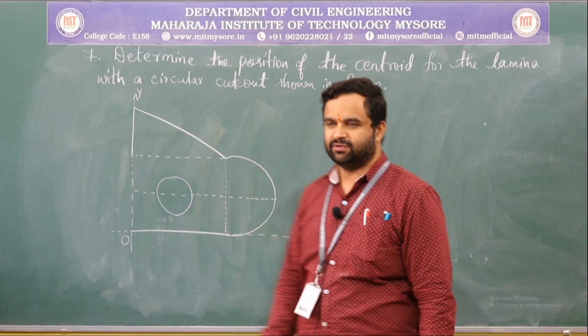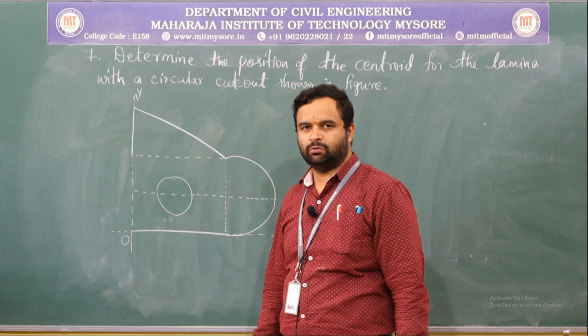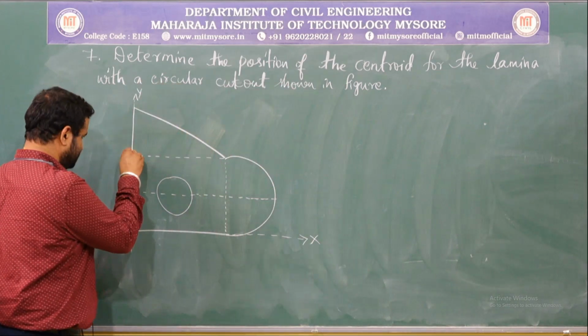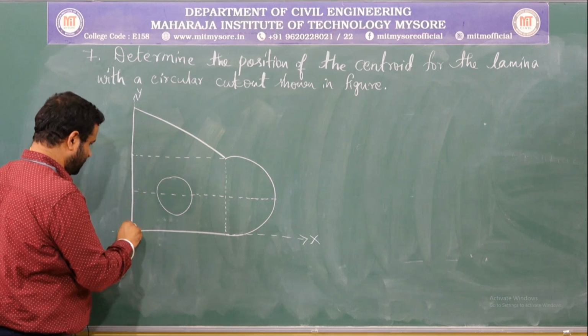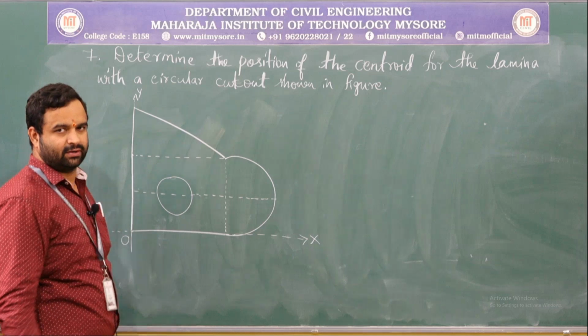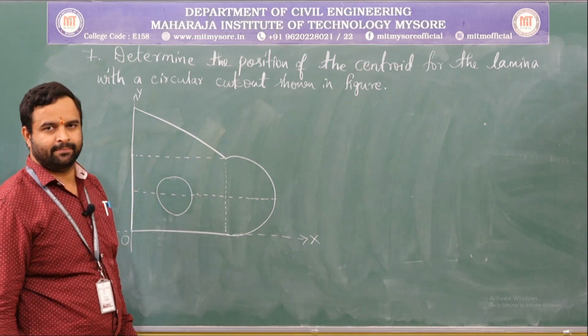This is the lamina which they have given, and this is the circular cutout to be made, and this is the actual lamina given, which is this entire figure, out of which you have to remove this portion.